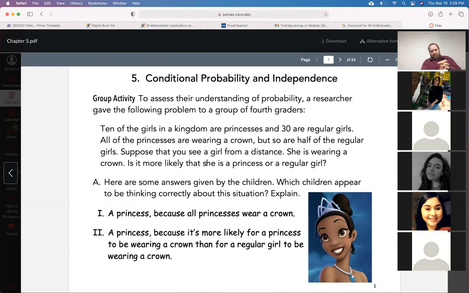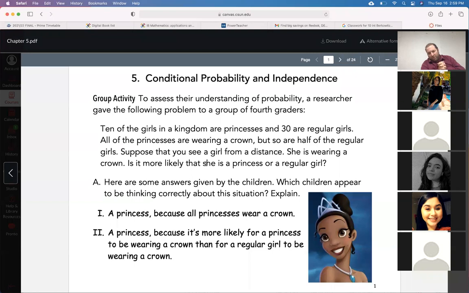So group activity. To assess their understanding of probability, a researcher gave the following problem to a group of 4th graders. 10 of the girls in a kingdom are princesses, and 30 are regular girls. Now, I don't want to shame anyone, so I don't think regular girls is really a good term. We're going to call them non-princesses, okay? Because everyone is a princess in their own way, right?